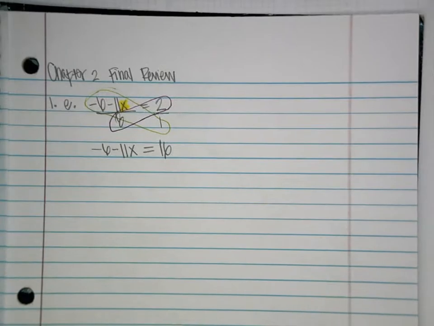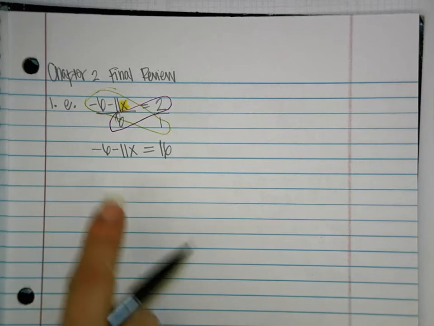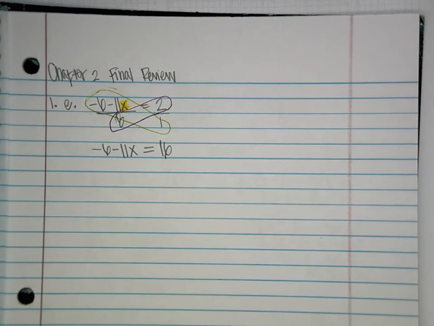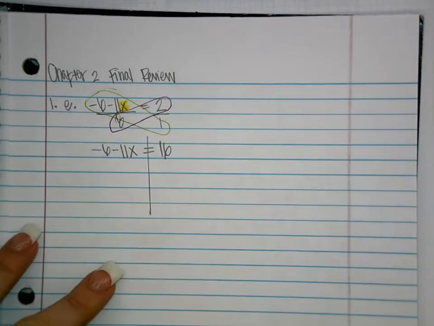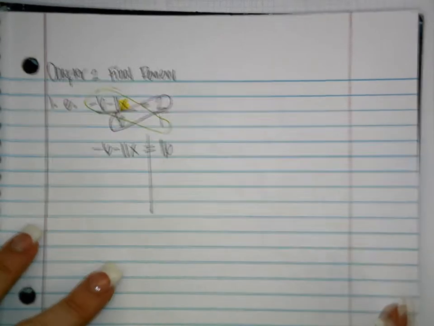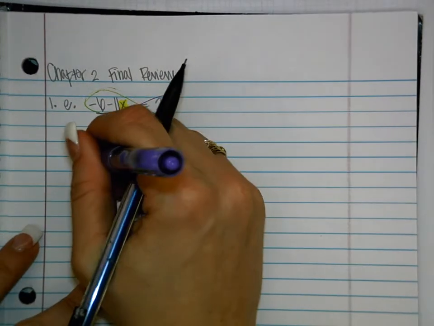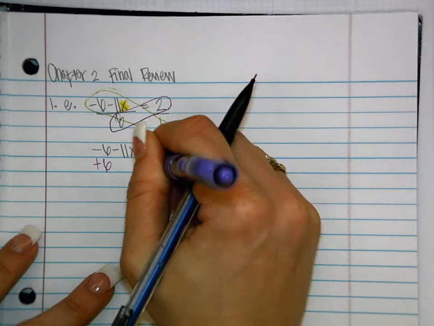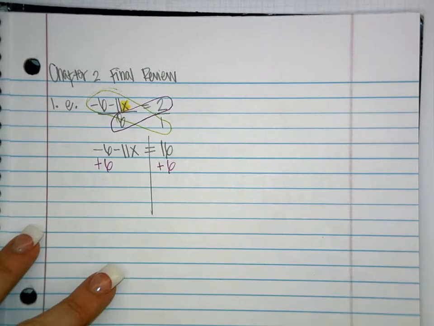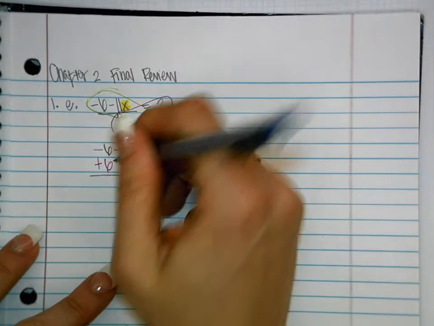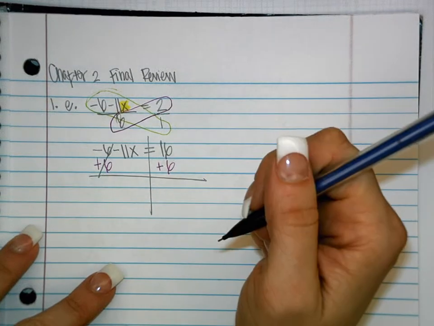Now that the fractions are gone, how would we solve? I'm going to get x completely by itself. Okay, so remember we have kind of like a wall here. You want to get numbers and letters on opposite sides. So, yes, we would add 6. That's called using the additive inverse. These would go away.